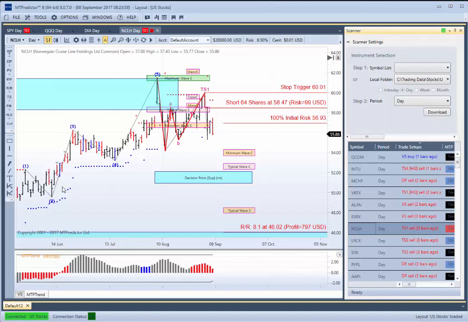So let's see how the market unfolds over the next few days and weeks and months, and see whether the market does decline. If it does, we'll come back and do a follow-up video to see how these unfold in the future.